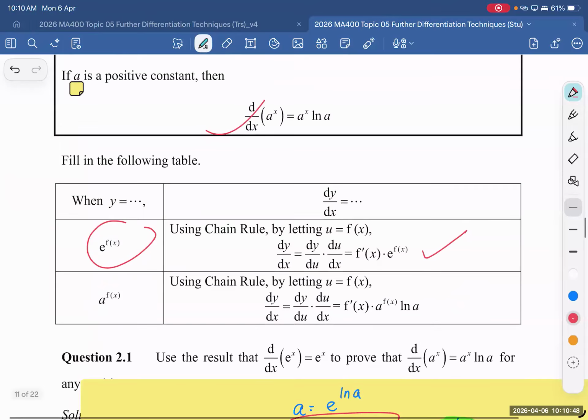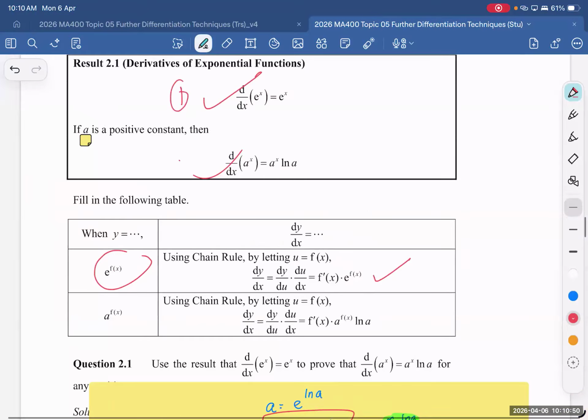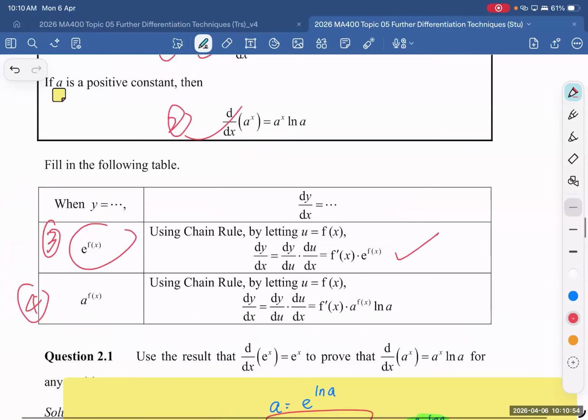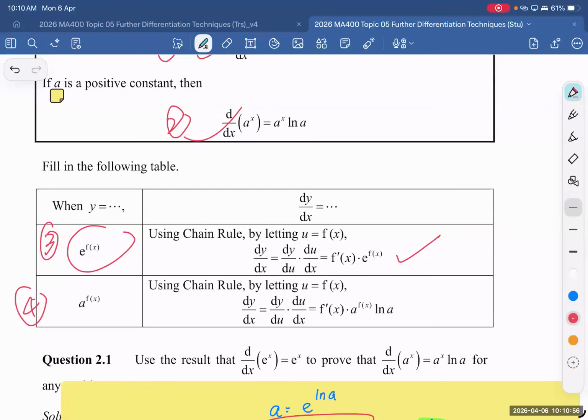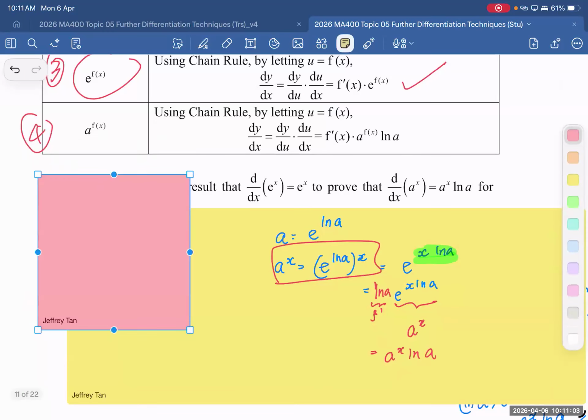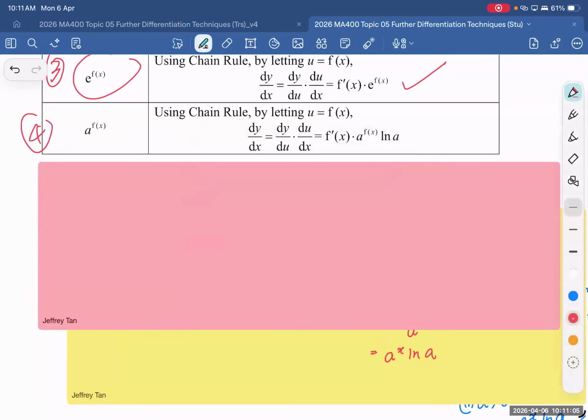So this is formula 1, formula 2, formula 3, formula 4. Now formula 4 is also the chain rule. If I want to differentiate a^f(x), what do I get? You can see there are two layers.